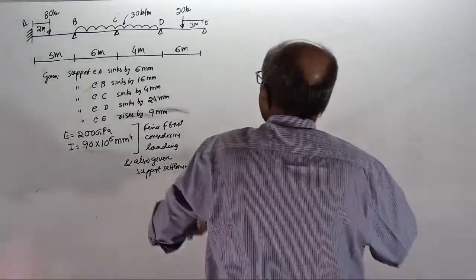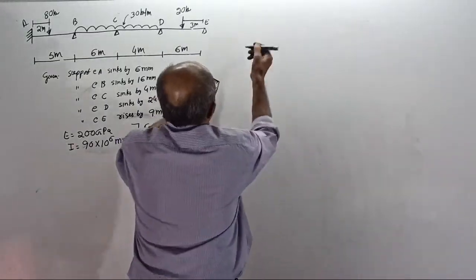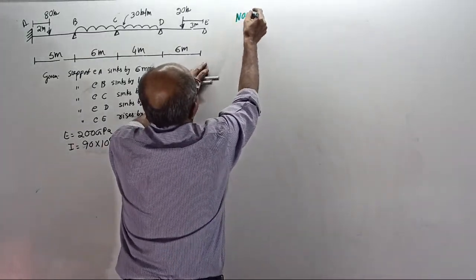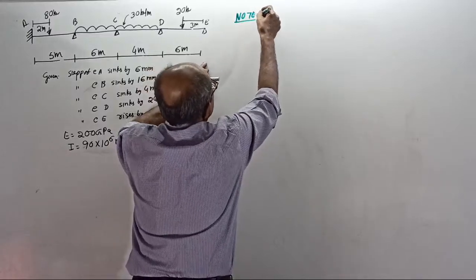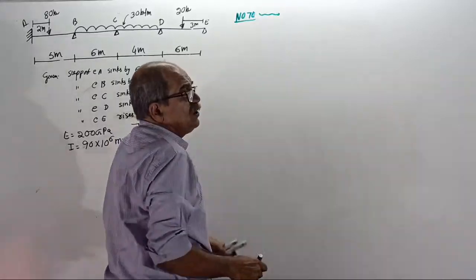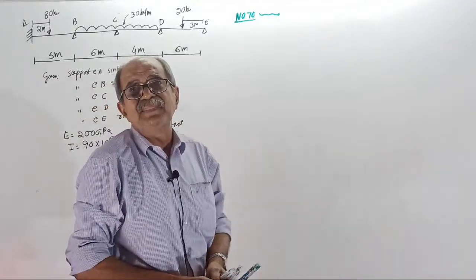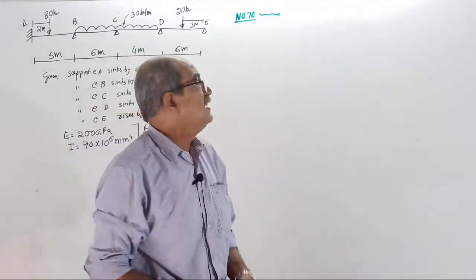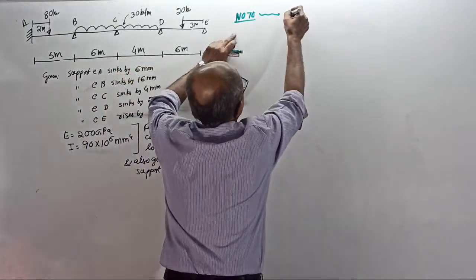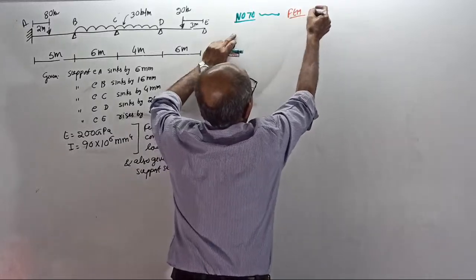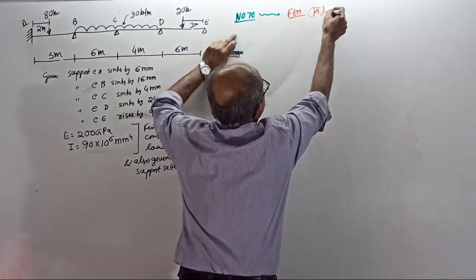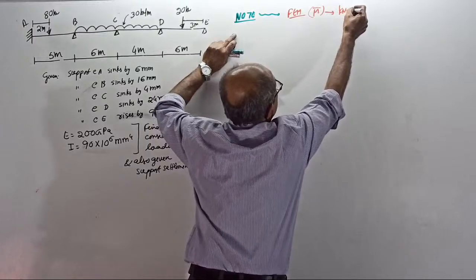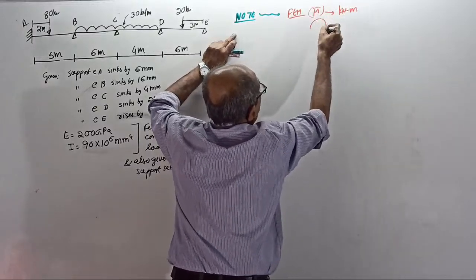Start now. First, make a note. What we are doing now is required later for SD method, MD method and Carney's method. And fixed end moment, our symbol is M bar. We will get it in kilonewton meter and clockwise positive.